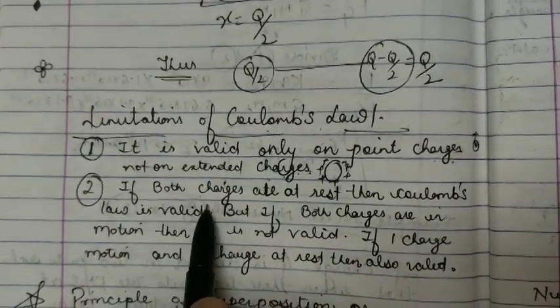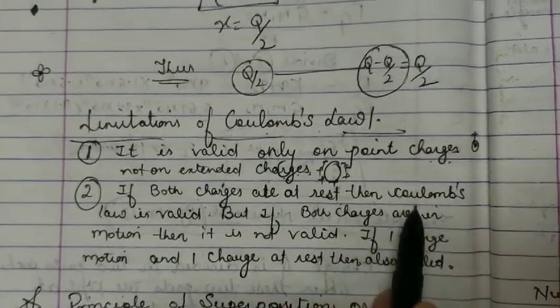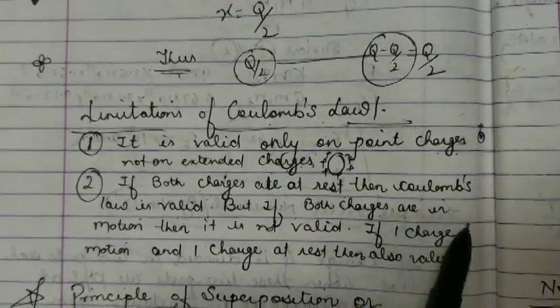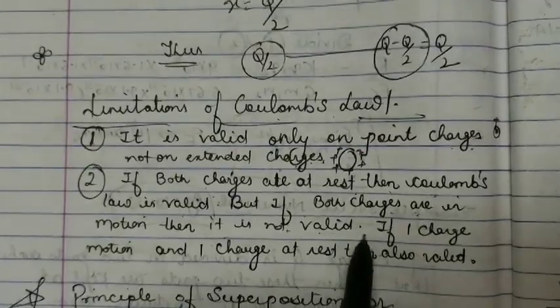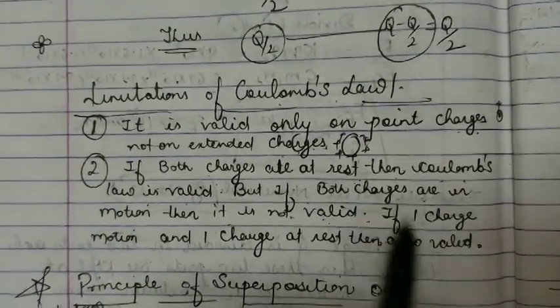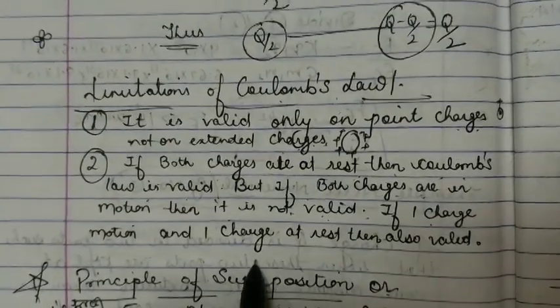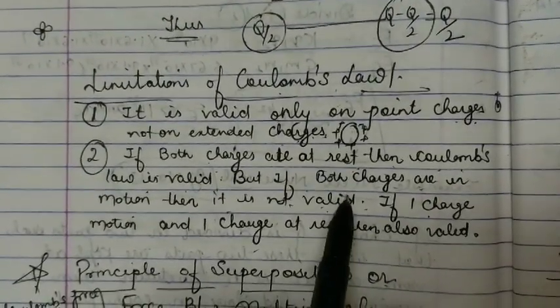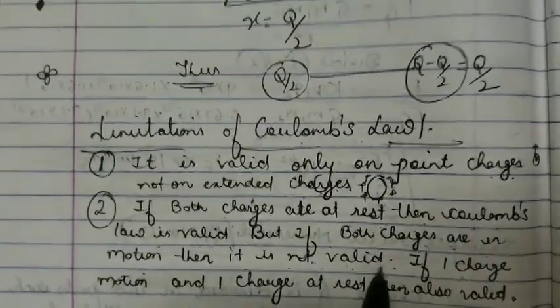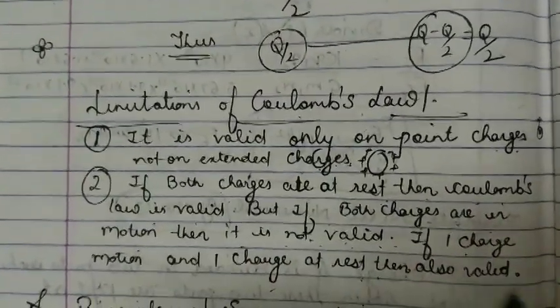If both charges are at rest, then Coulomb's law is valid. But if both charges are in motion, then it is not valid. It is only valid if both charges are at rest, or if one charge is in motion and one charge is at rest. But if both charges are in motion, then we can't apply this formula. So these are the limitations of Coulomb's law.